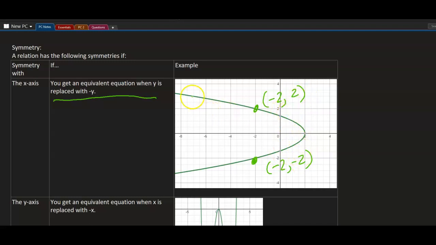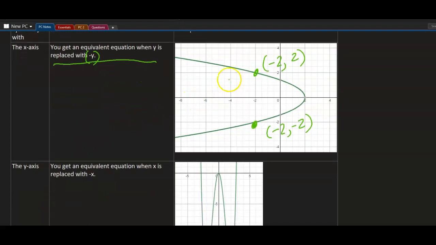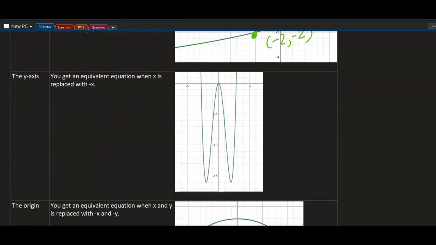That means that when y is replaced with -y, we get this symmetric point here. So the way that we're going to do this algebraically is we're going to substitute in a -y for every y, and see what happens with our equation, because we're not always going to have a graph. We're just using this graph as an example.